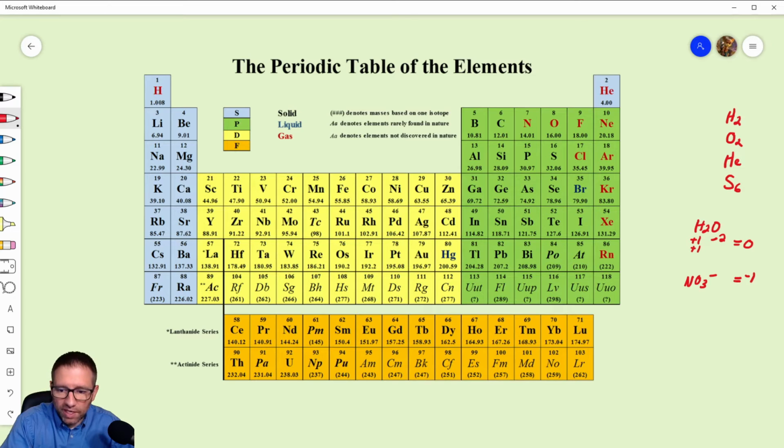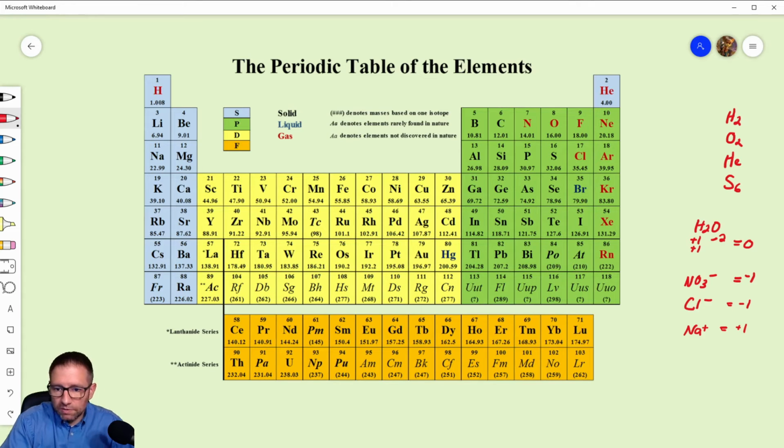We'll cover the details of that in a few minutes, but when you add it all up, it's going to equal -1. The same thing holds true for something like Cl minus: there's only one of these, so its oxidation number is -1. If you've got Na plus, then its oxidation number is +1, because it has to sum up to the charge of the ion, whether it's a polyatomic ion or just a regular ion.